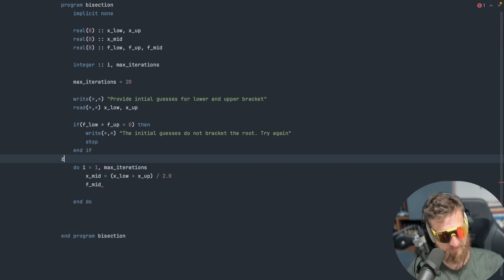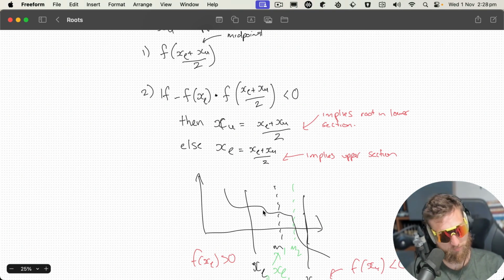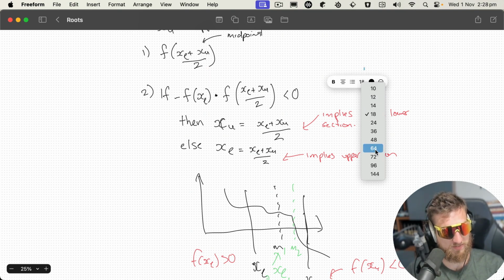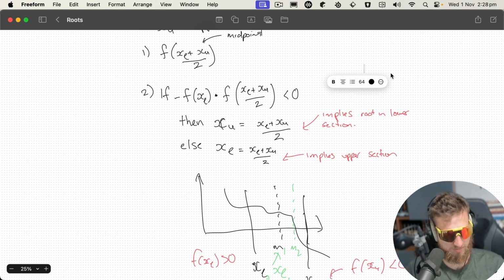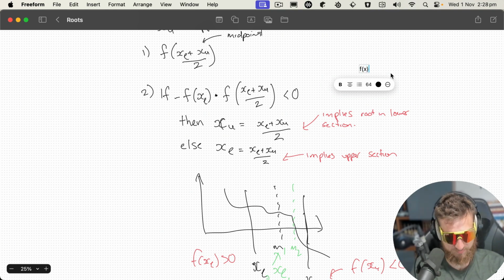Okay, so we need to pick a function. What are we actually trying to find here? Let's make this bigger. If we have f of x equals e to the minus x.